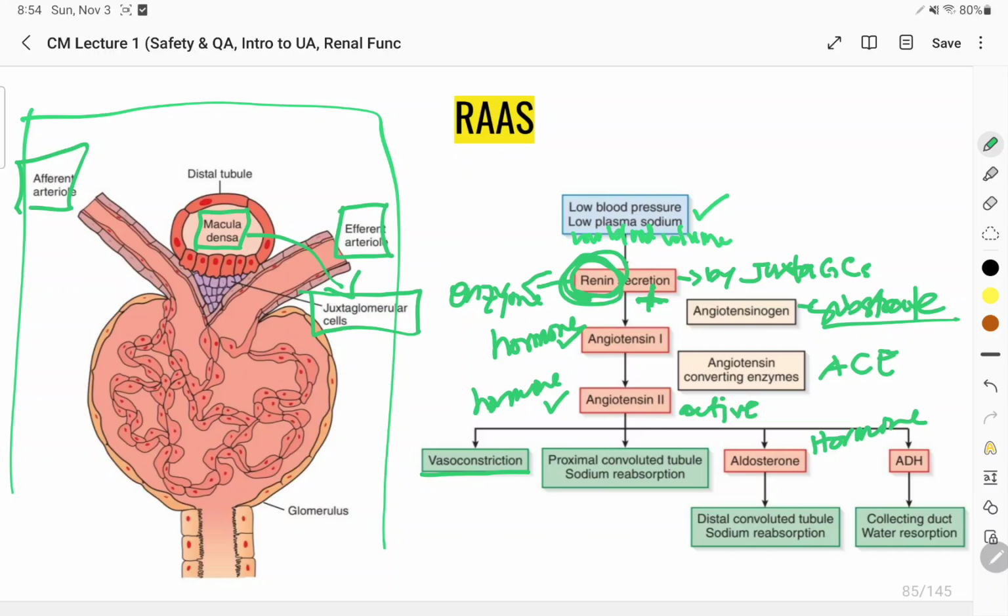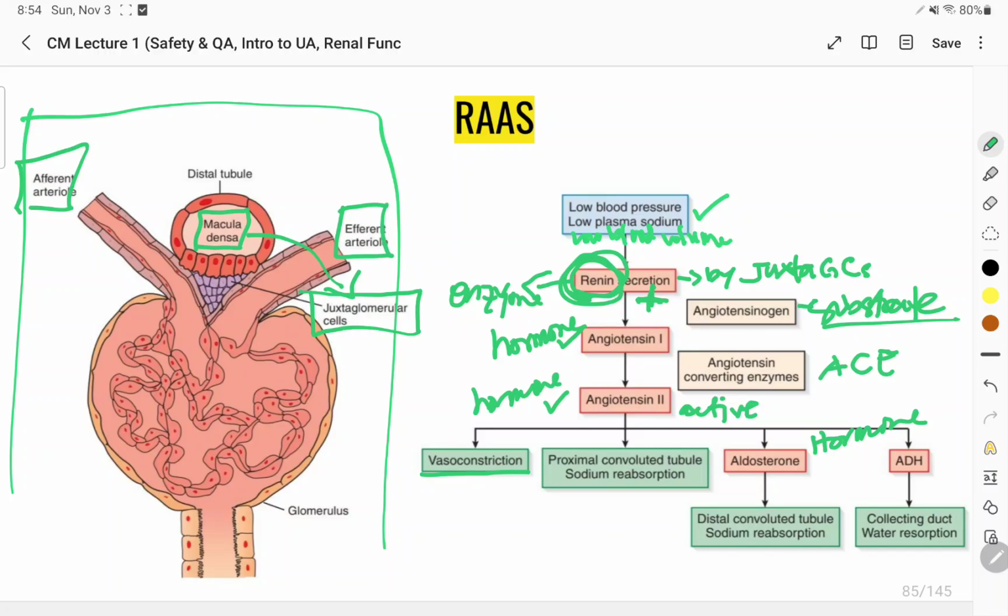So, your ADH also is triggered and it acts on your collecting duct to reabsorb water. Again, the result is water follows. Okay? For us, ang goal is to regulate the blood pressure para mabalik sa homeostasis and maintain ang blood flow sa kidney para dili ma-compromise ang blood flow sa kidney.